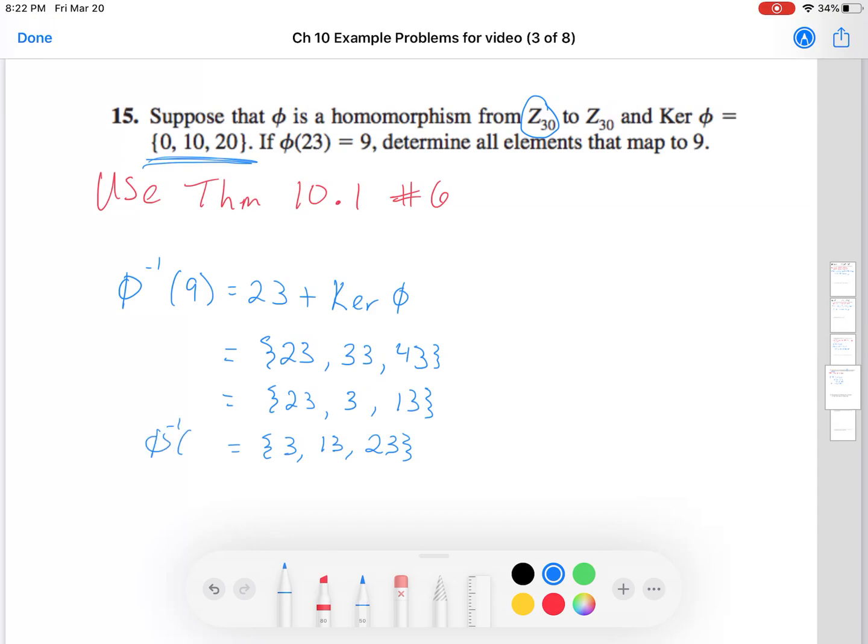So this is the set that maps to 9. And all we had to do there was use that 6th property of theorem 10.1. So this is an example of why we need to know those properties and have them handy when we are trying to do proofs.